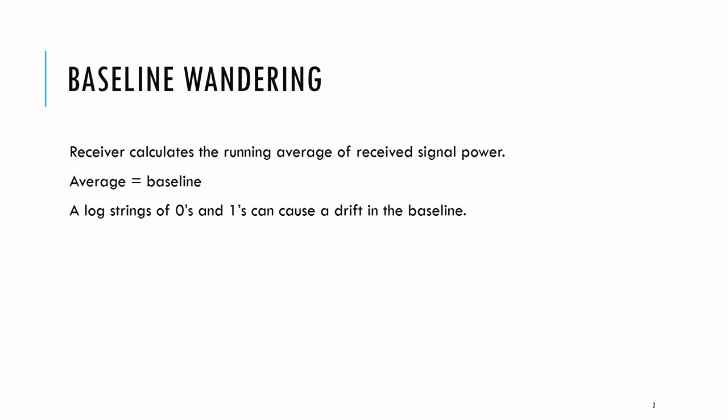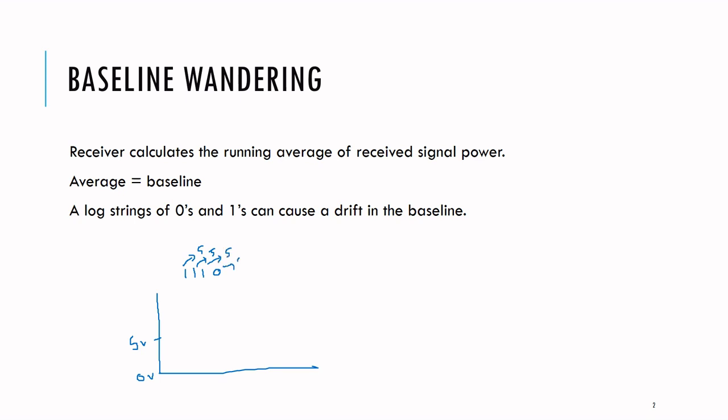Now, what typically happens is, if I had, let's say, 3 ones and 1 zero, and I am calculating a running average, then the baseline would get shifted. Suppose this is 5 volt, 5 volt, 5 volt, and 0 volt.